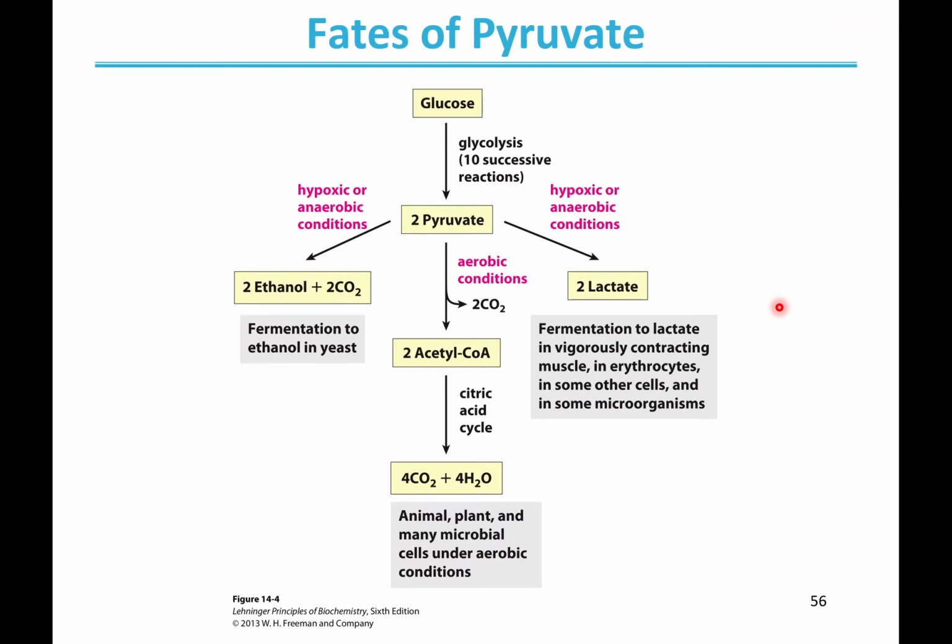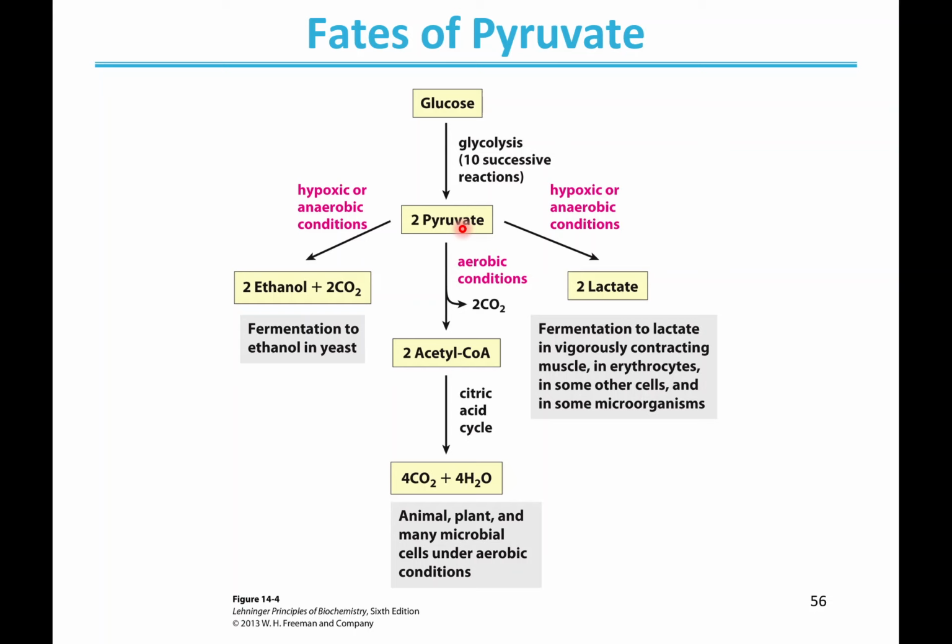Okay. So, fates of pyruvate, and we'll be talking about these in the next lecture and also in chapter 16. And 19, really. Glucose going through glycolysis gives you 2 molecules of pyruvate.